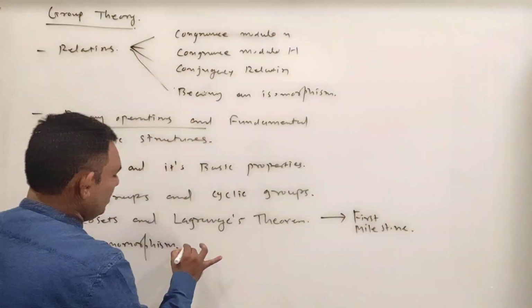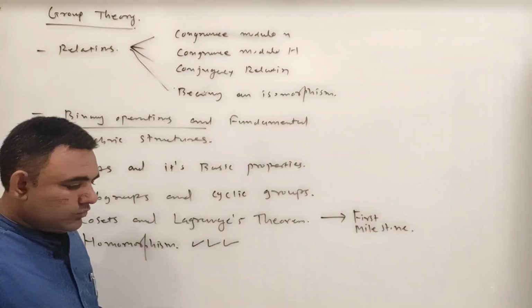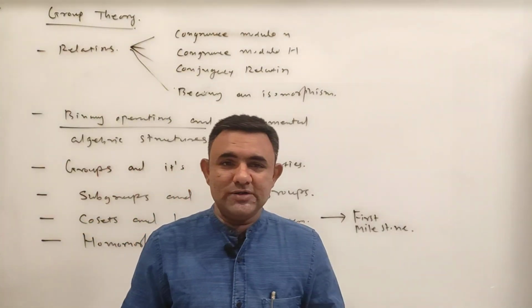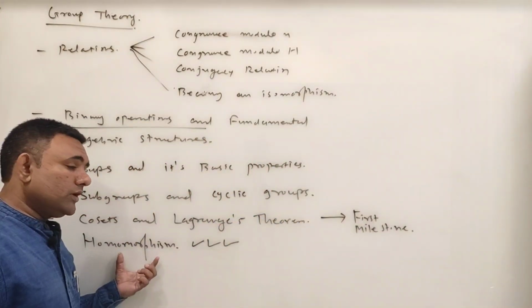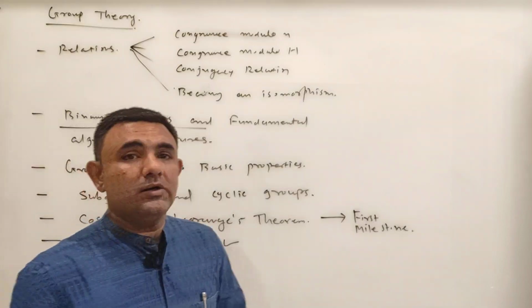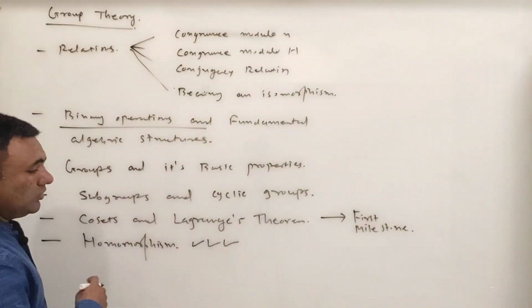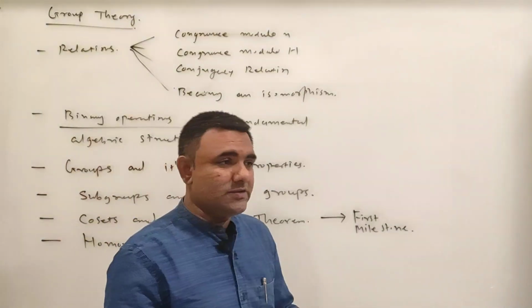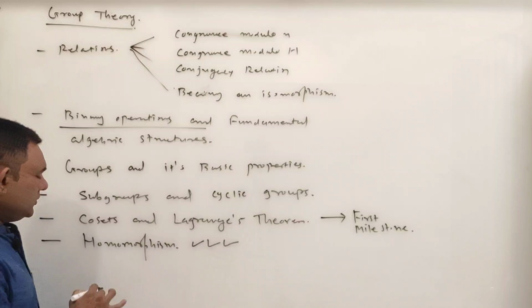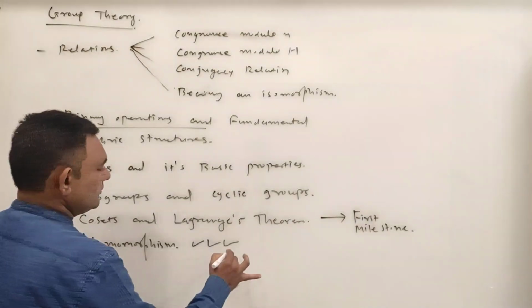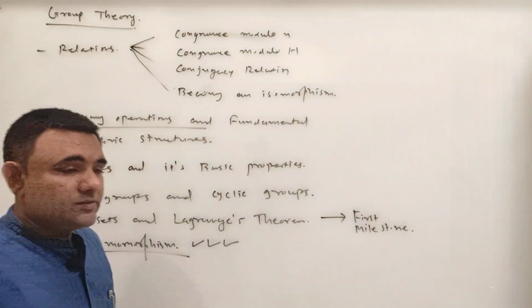So this is very important. And if you look at the questions in the NET examination, and if you have a good grip on homomorphism, then you can cover so many marks out of 35 to 40 marks, and so many questions are based on homomorphism. So this is a very important topic among all the topics.